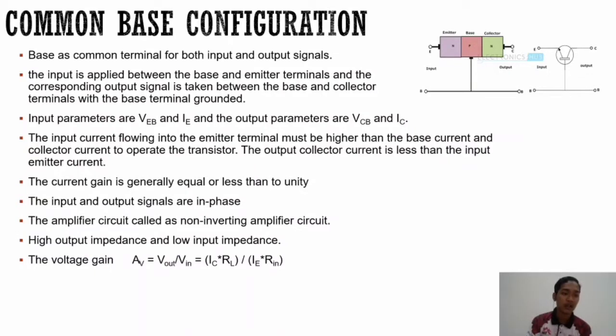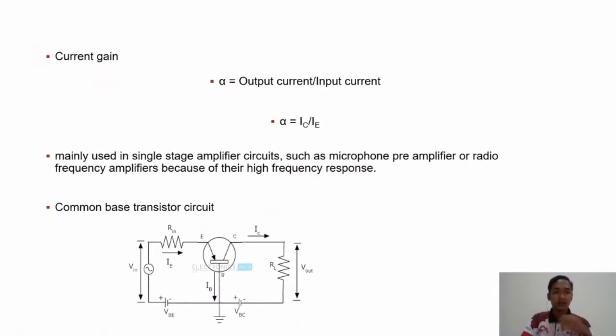Common base has high input impedance and low output impedance. The voltage gain is high.